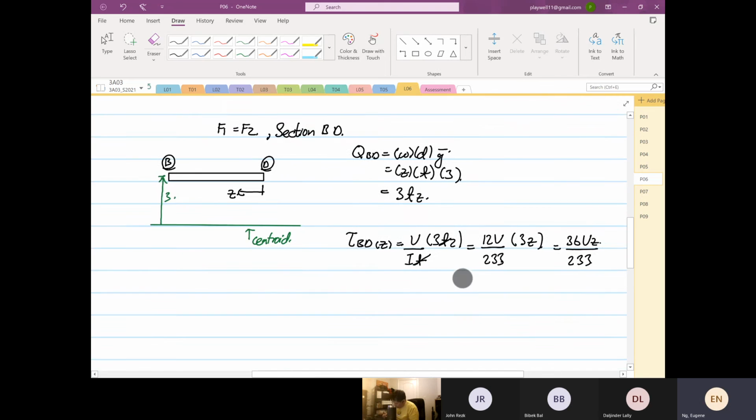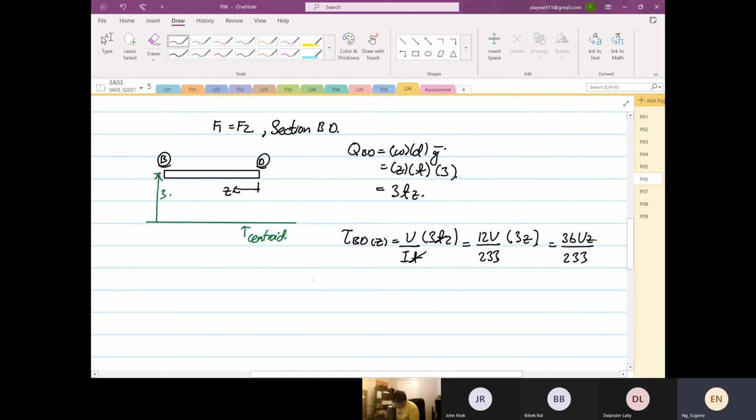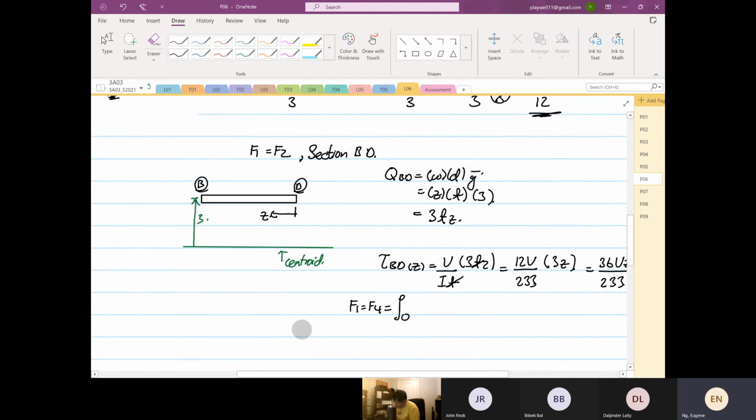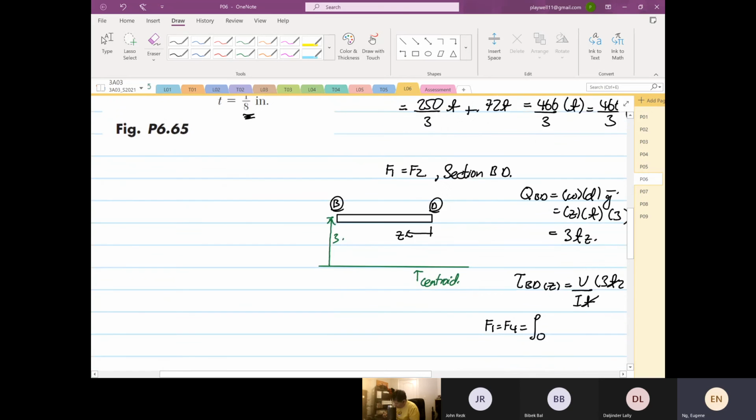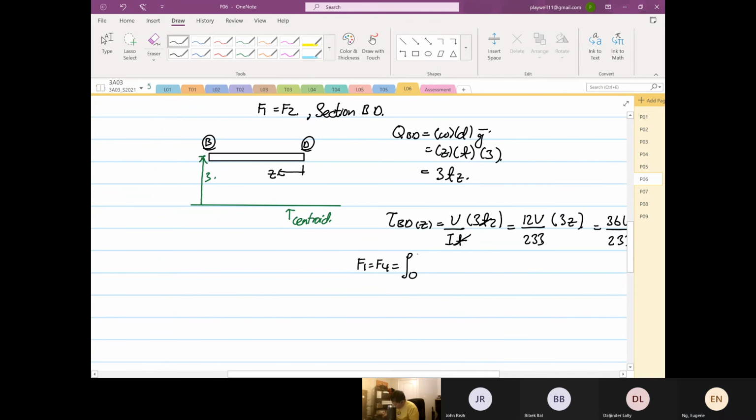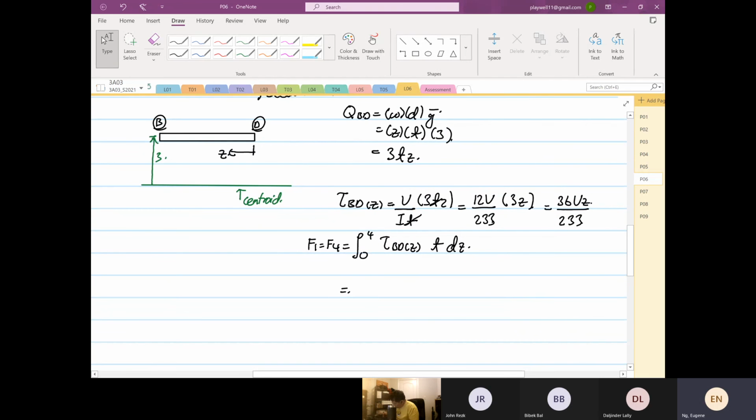So now we can find our forces. F1 is equal to F4. We're going to integrate from 0 to 4, since the distance between B and D is 4 inches, of shear BD times Z, and then we have the thickness T dz. So this will be equal to 36V over 233, putting the constant outside.